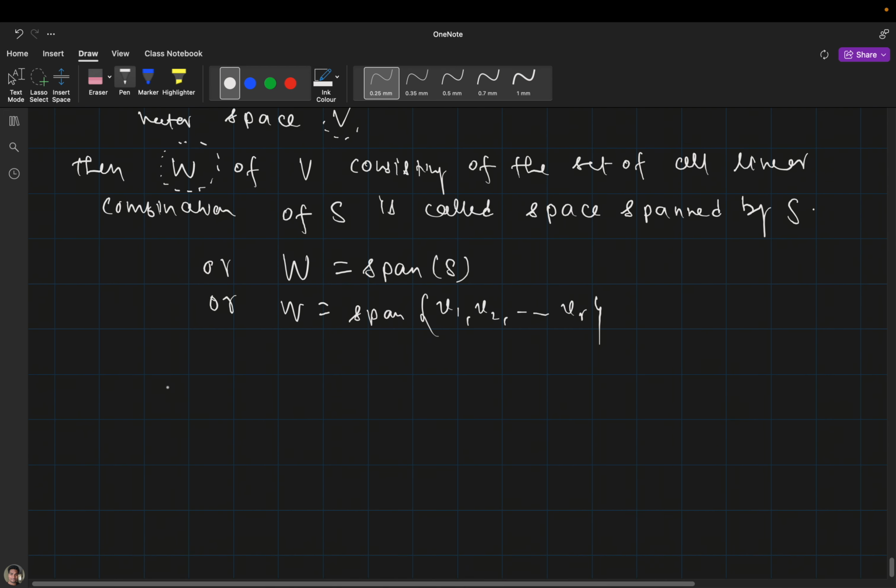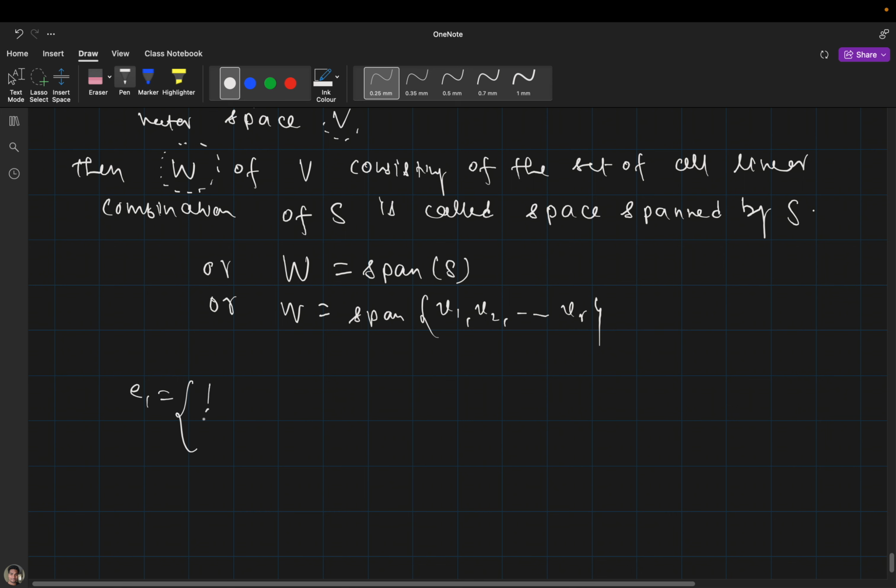For example, if you have three vectors like this, e1 equal to 1, 0, 0, e2 equal to 0, 1, 0, and e3 equal to 0, 0, 1.